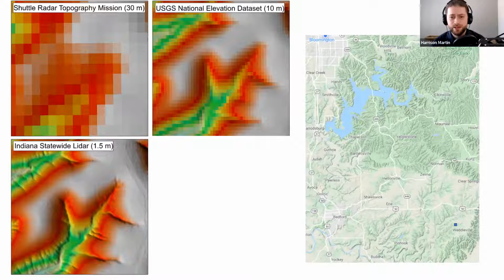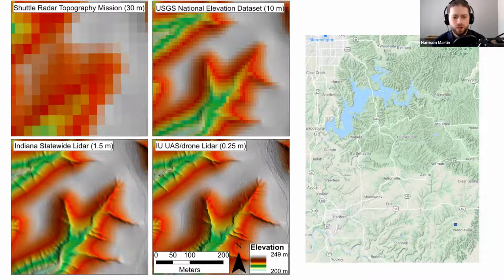The Indiana statewide LiDAR, and Indiana has shot statewide LiDAR twice right now, which is very, very cool, is about 1 meter pixel, and we can get some pretty interesting features. But when we go down to our 1/4 meter pixel with the drone that we collected, we can see footpaths. I mean, think about the vertical resolution, think about the vertical displacement of a footpath and the fact that we're observing it, right?